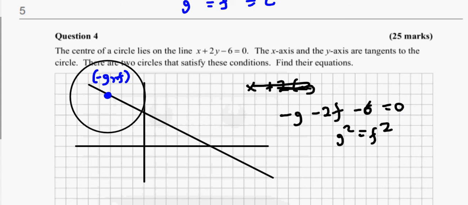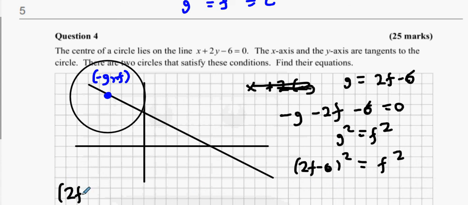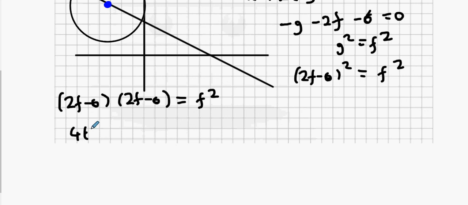I'm going to isolate g on its own. I'm going to get g equals 2f minus 6. And then I'm going to substitute in 2f minus 6 for g. So I'm going to get 2f minus 6 squared equals f squared. Going to multiply that out. So 2f minus 6 by 2f minus 6 equals f squared. And what I'm going to get is 4f squared minus 24f plus 36 equals f squared.